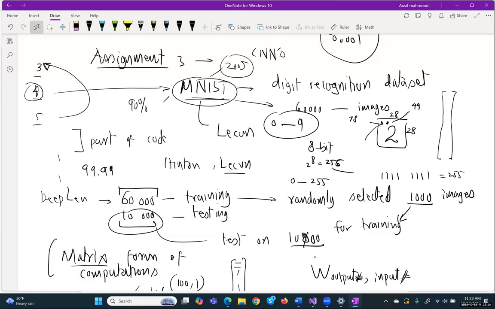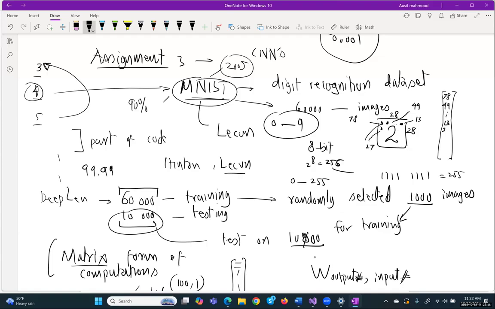I start with the first row, I put 78 over here, 49 over here, right? And same way, if I keep going, let's say the 28th number in the first row happens to be 13. So then I can go 13, right? Then I go to the second row. Suppose the first number is 27.